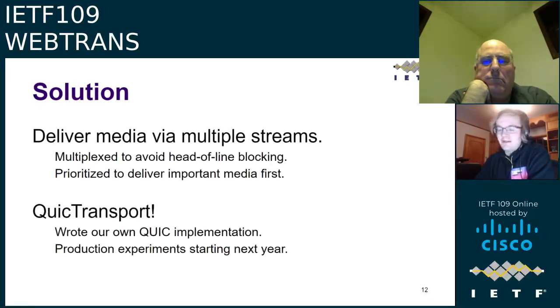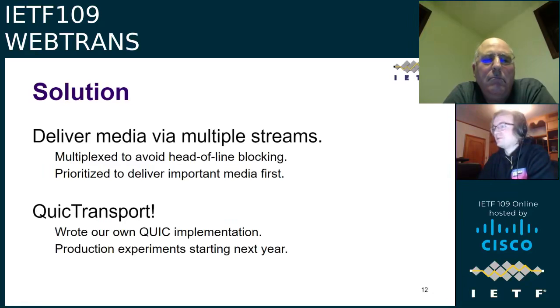The crux of our idea on how to do low latency video is that we want to break video into components such that if there is congestion, they're independent of each other. So we want multiplexing, with multiple requests in flight. And more critically, we want to prioritize such that if there is congestion, we make sure the important data gets there first.